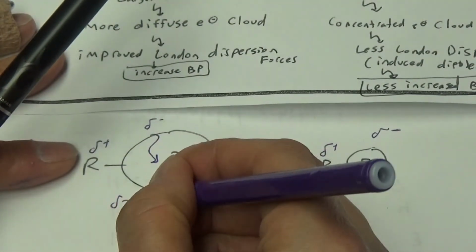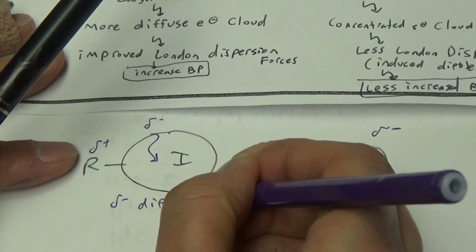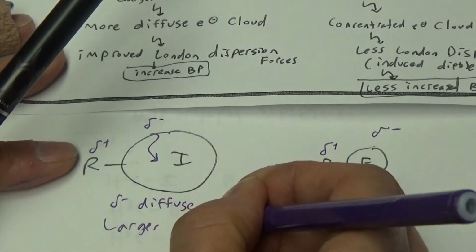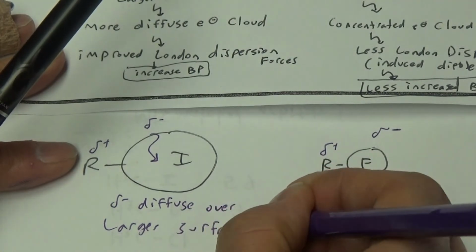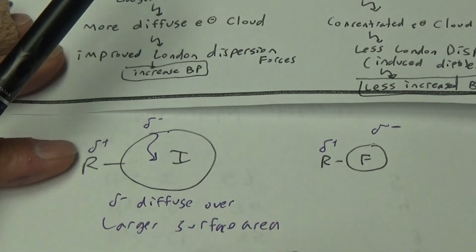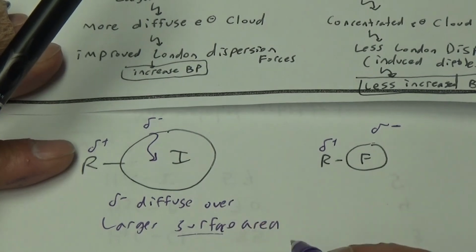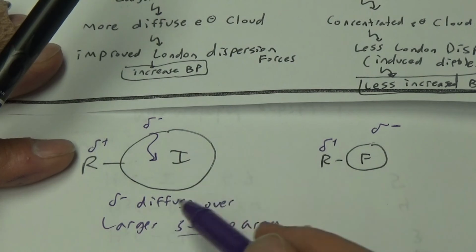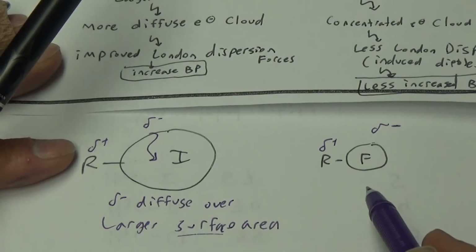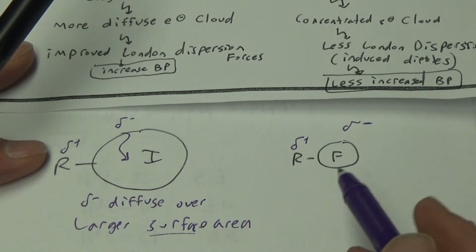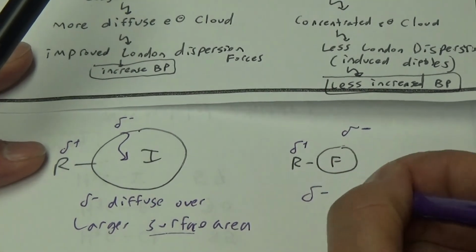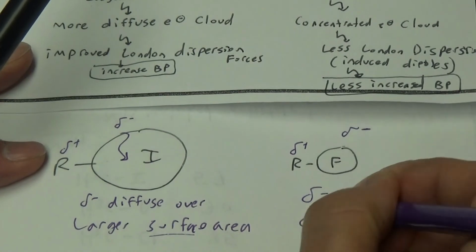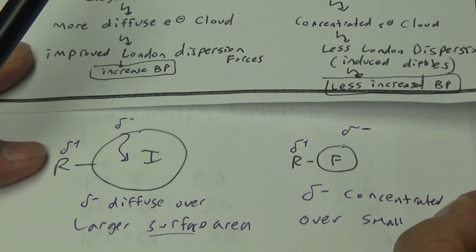Delta negative diffuse over larger surface area. When you have a surface area effect, it actually has more of an effect than in this case, where the delta minus is concentrated over a small surface area.